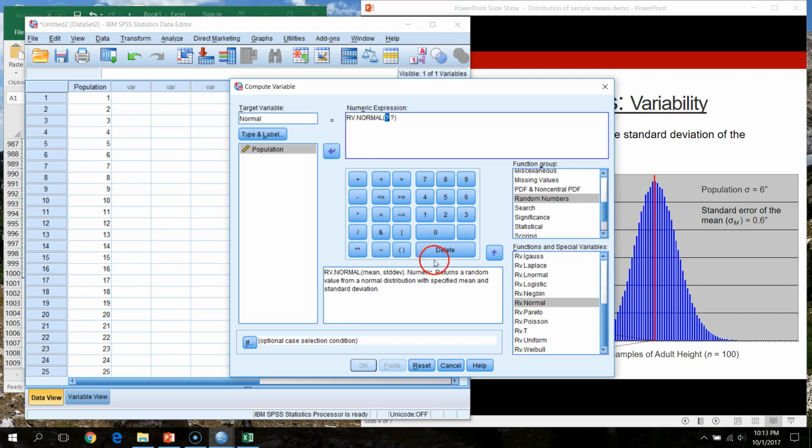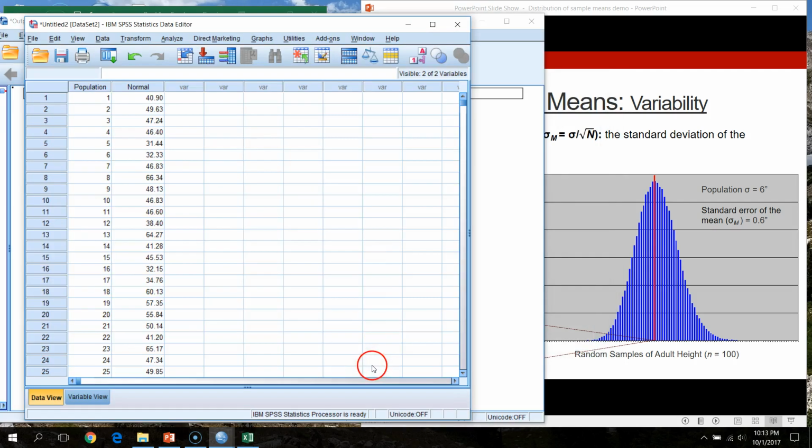SPSS is going to generate 1,000 random values, and I can tell it I want a mean of about 50 and a standard deviation of 10. Hit OK, and here are my scores.